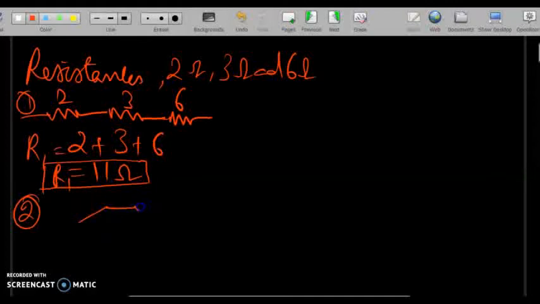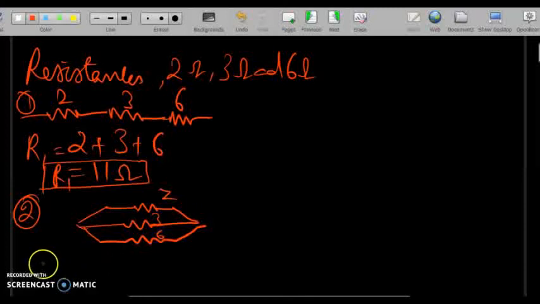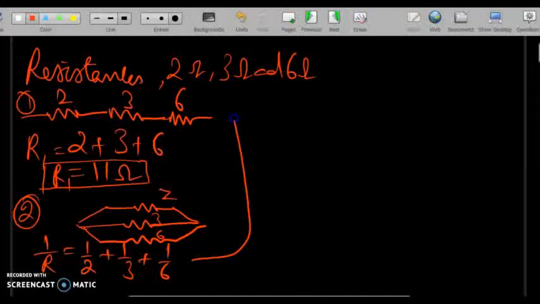I'll try the parallel combination of 2 ohm, 3 ohm, and 6 ohm. Let me see whether it will give me either 4 or 1 ohm. We know well 1 by R in parallel will be equal to 1 by 2 plus 1 by 3 plus 1 by 6. 6 is the LCM.